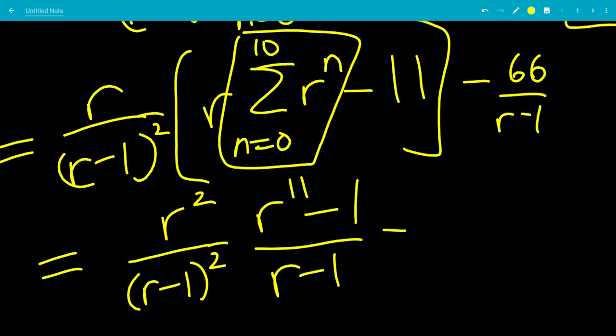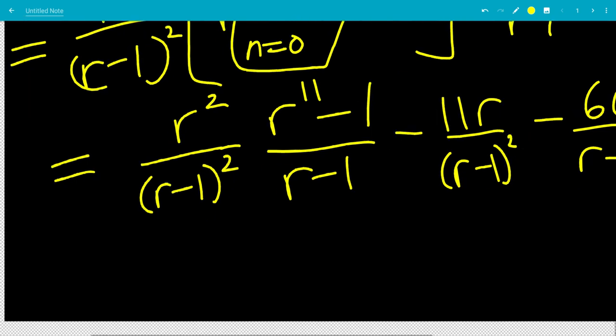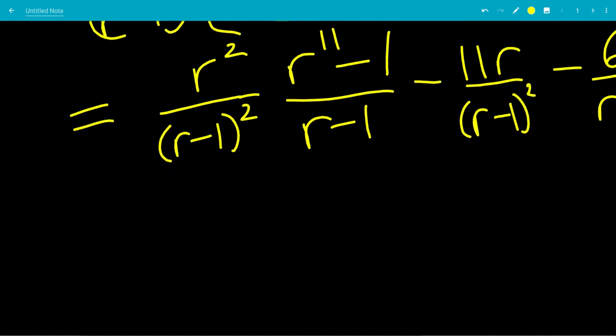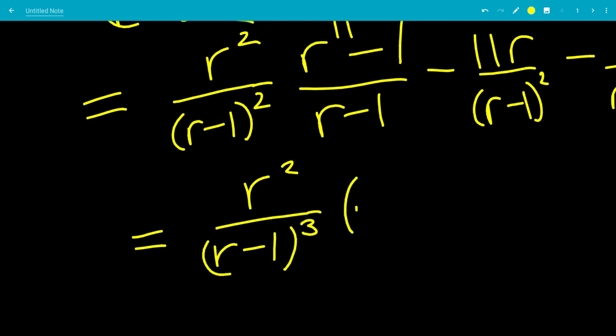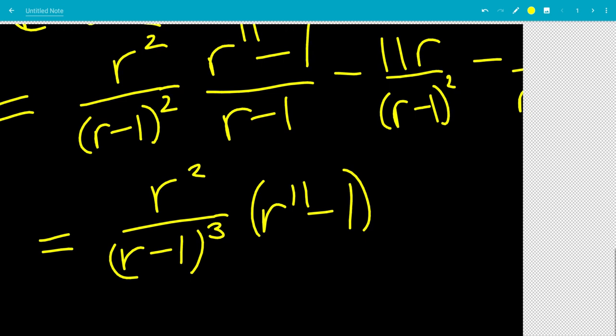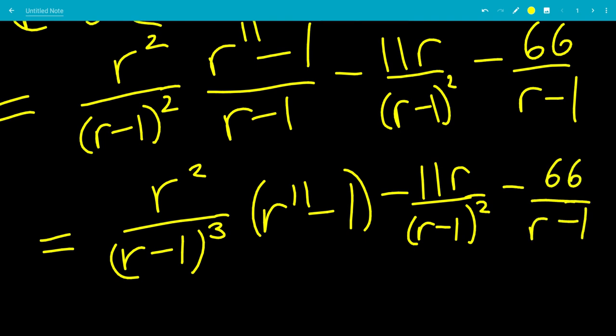And then we're going to have minus 11r over r minus 1 quantity squared, minus 66 over r minus 1. Okay, so r minus 1, we can combine again. So we have r squared over r minus 1 cubed times r to the 11th minus 1, minus 11r over r minus 1 squared, minus 66 over r minus 1.